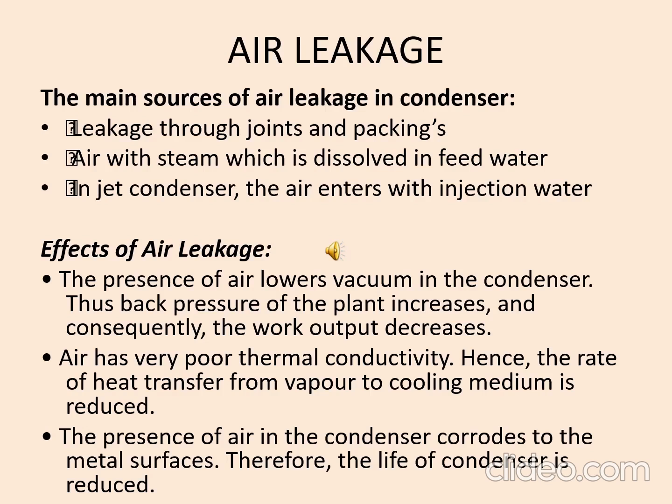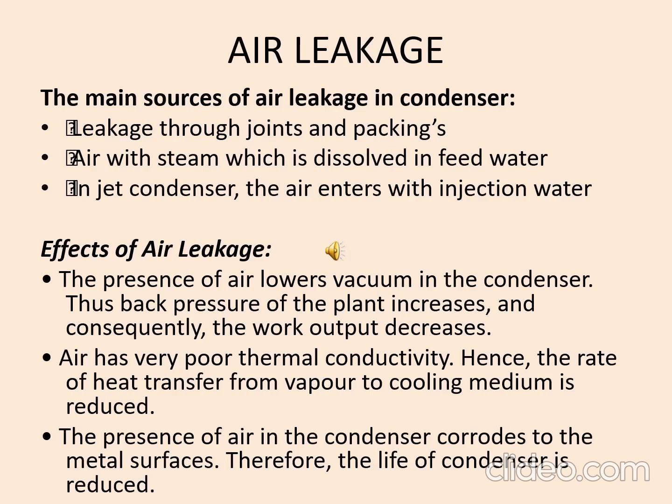Now we will discuss air leakage. Why is air leakage happening? We know that to get more work output, we have to lower the condenser pressure. If we lower the condenser pressure, the pressure inside the condenser is always less than atmospheric pressure.